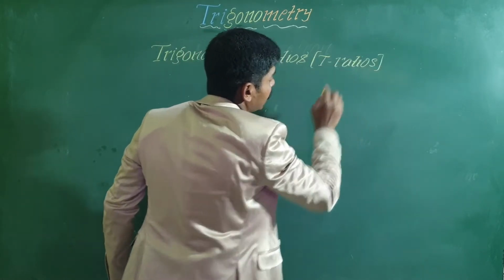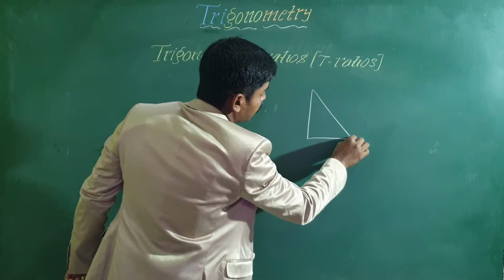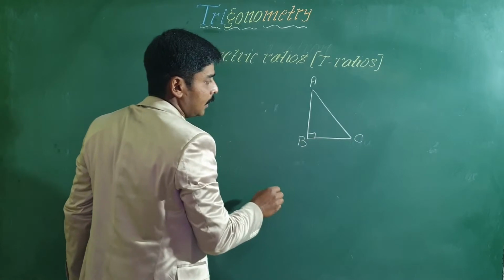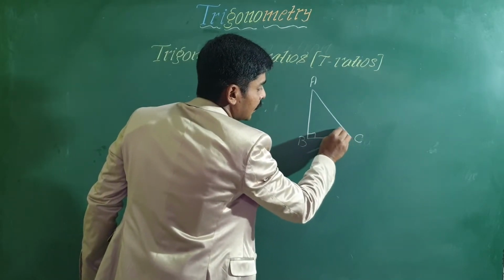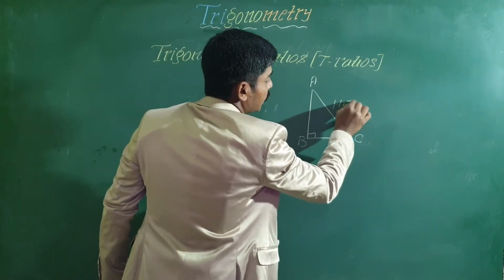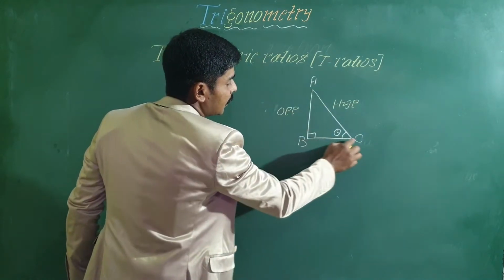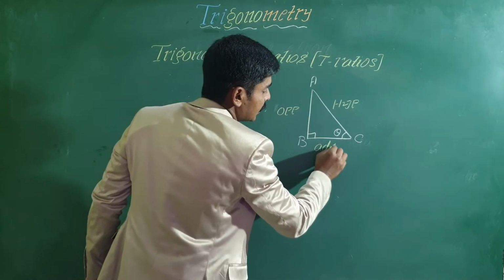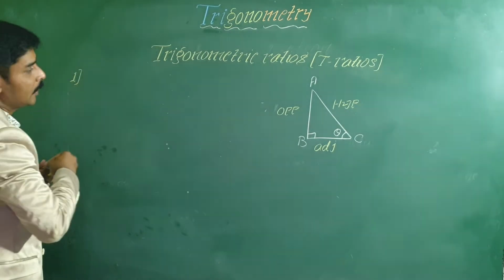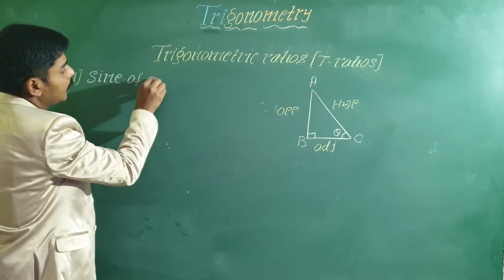Let us consider a right angle triangle ABC, right angled at B. With respect to this angle C, this is the hypotenuse, no doubt in that. With respect to angle C, AB is the opposite side, BC is the adjacent side. Now let us write all the 6 trigonometric ratios. First one is sine of angle theta.